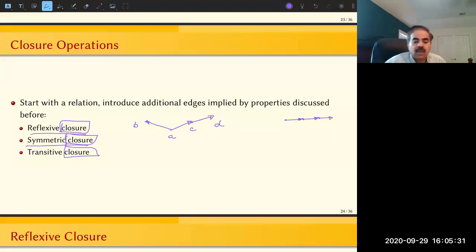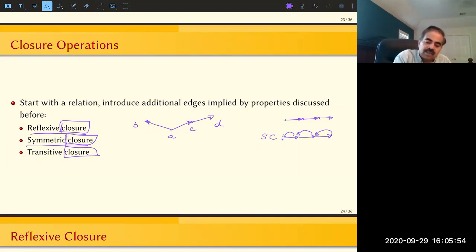here, let's say we first apply symmetric closure, right? So then we get those three, right? So that's symmetric closure.